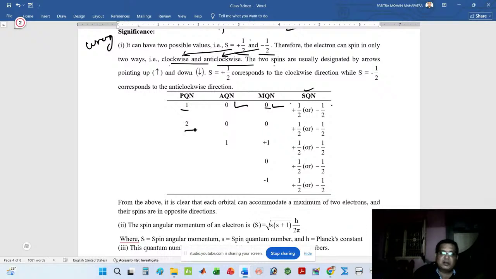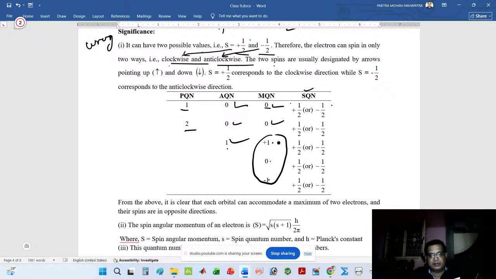If the principal quantum number is 2, the azimuthal quantum number is 0 or 1. For azimuthal quantum number 0, the magnetic quantum number is 0. For azimuthal quantum number l equal to 1, we can write 3 magnetic quantum numbers: plus 1, 0, minus 1.